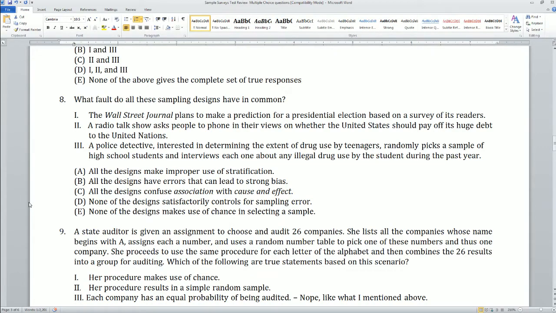What are the stratifications for it then? Like you can have the Democrats and the Republicans. It doesn't really say that, but okay. What about two?